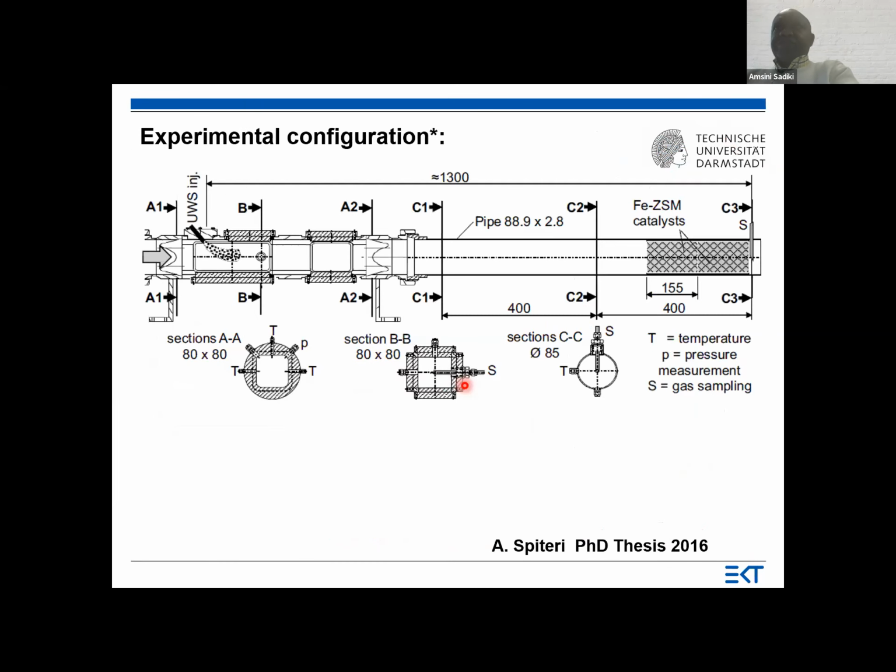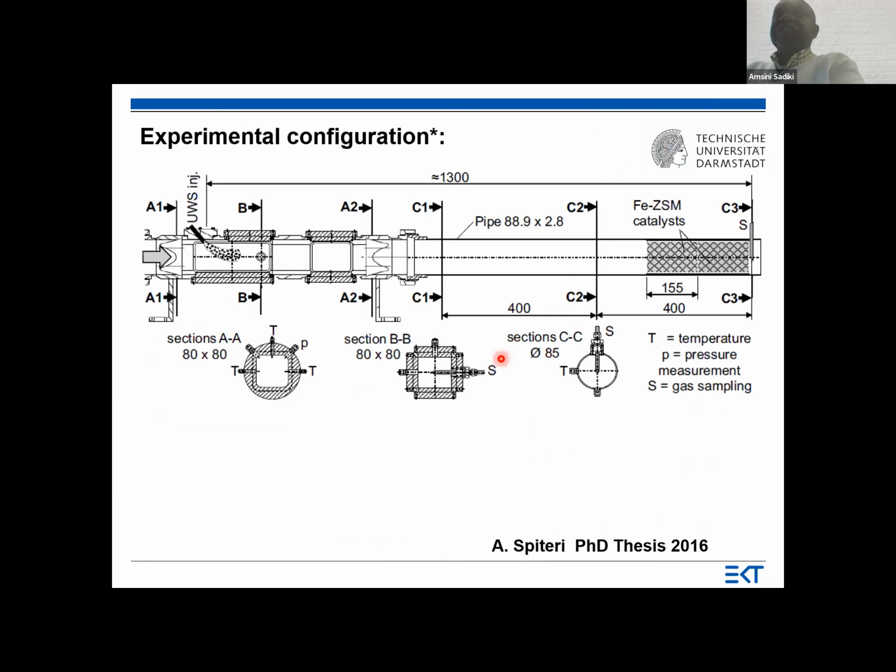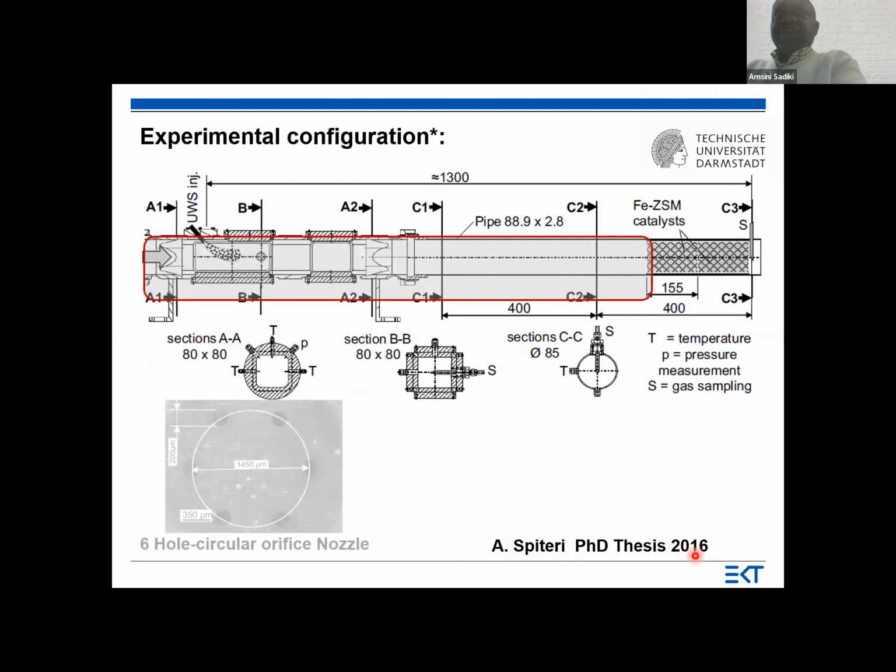So we also tried to do it. We did it this year, especially in this configuration. It was a configuration investigated experimentally by a researcher in Switzerland in 2016, and we could carry it out using numerical simulation.